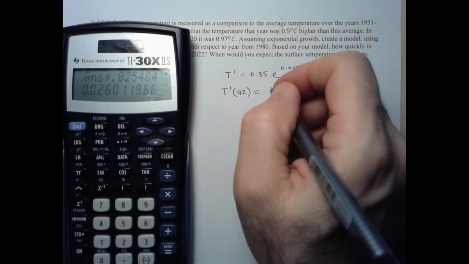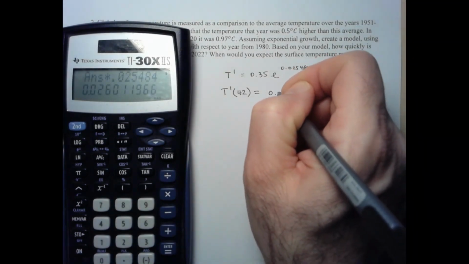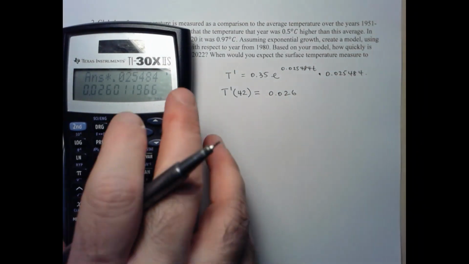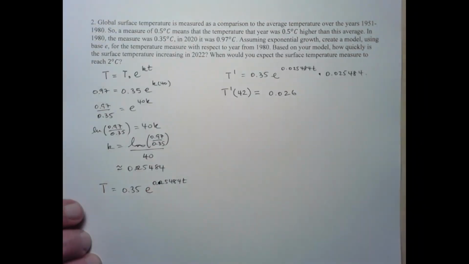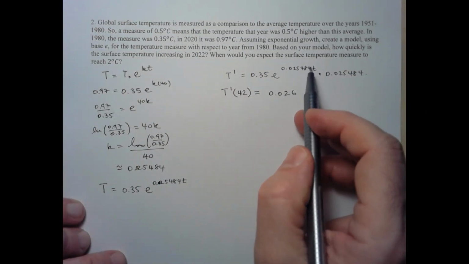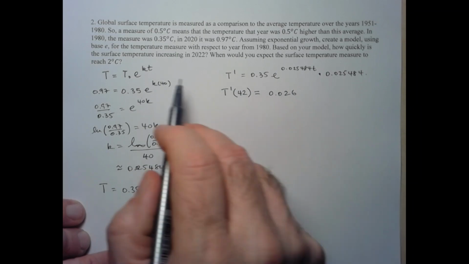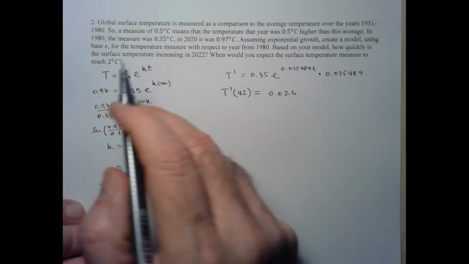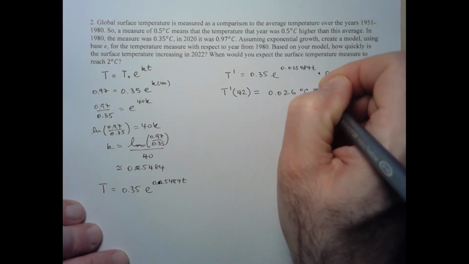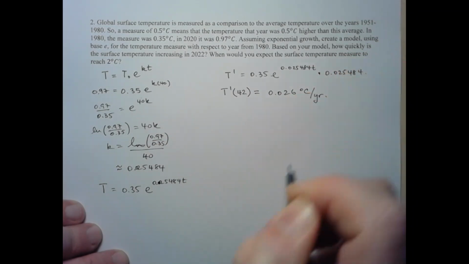Okay, and it looks like my value is 0.026. Let's see what this represents as a rate of change. Well, my model is with respect to years, and what I'm measuring is a temperature in degrees Celsius. So it's going to be 0.026 degrees Celsius per year.